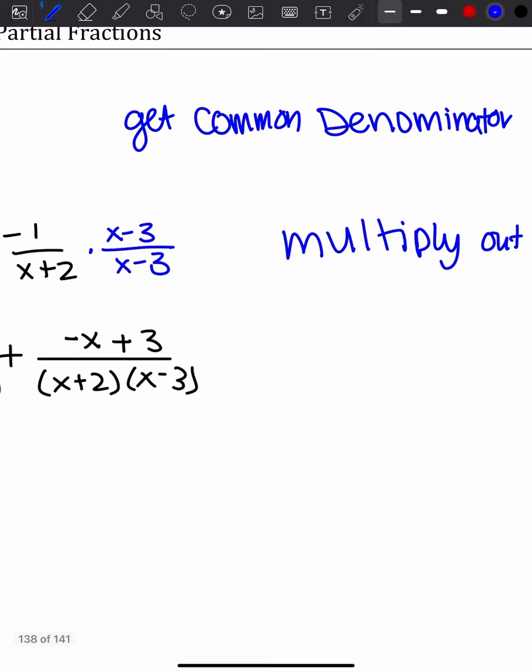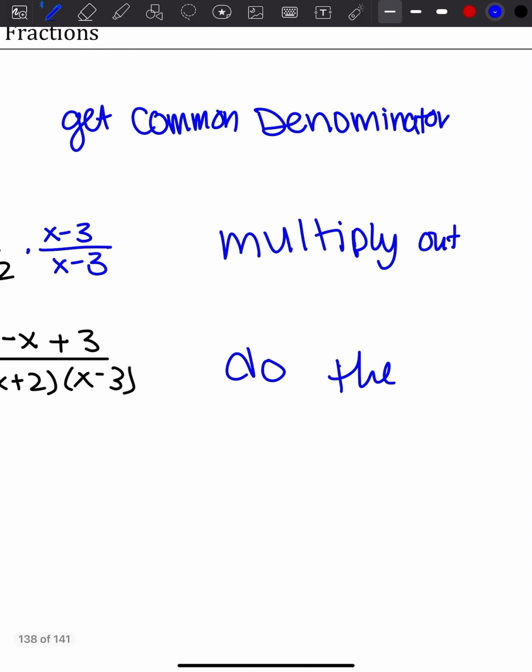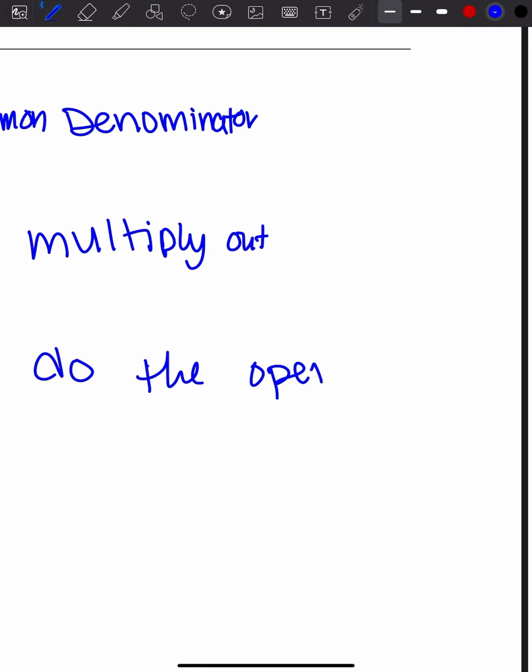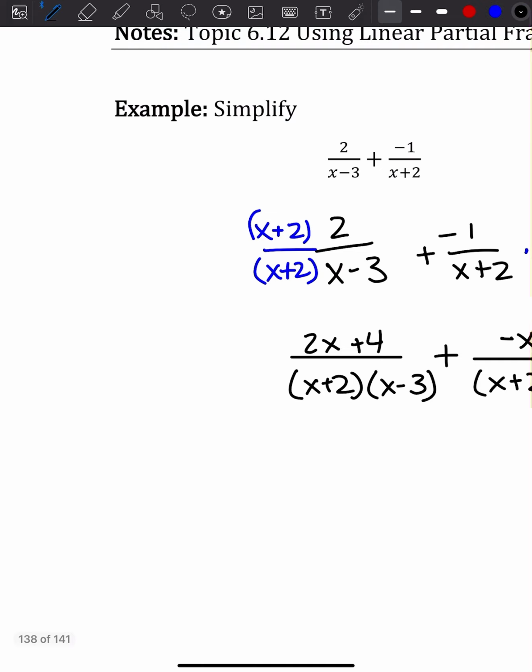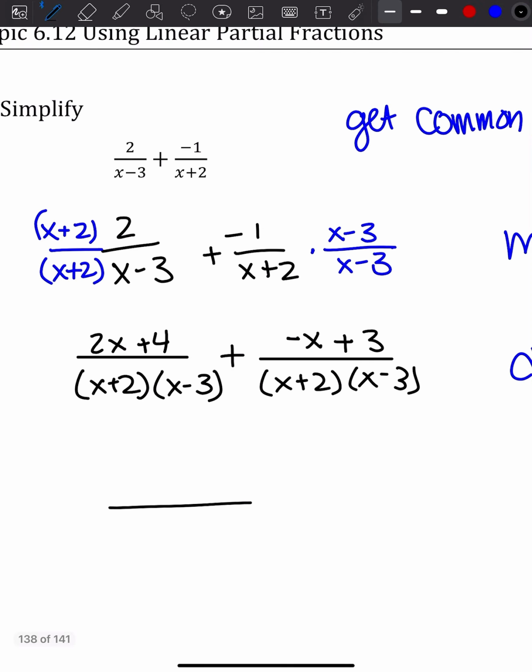Now we're going to actually do the operation, so we're going to do that addition. When I add these together, our common denominator, we just have the 1, so I have x plus 2 times x minus 3. Now we're going to add those numerators together.